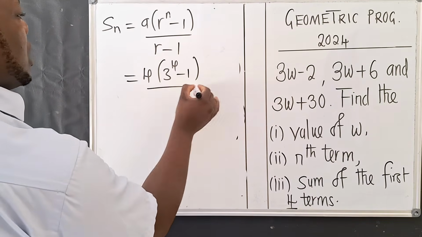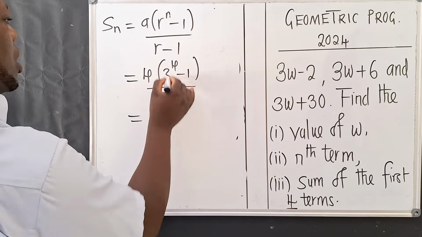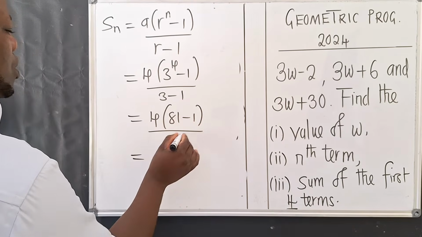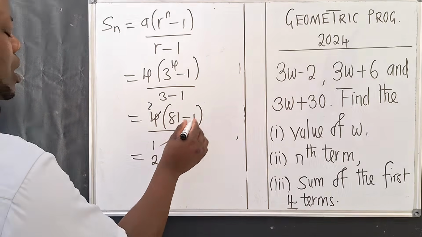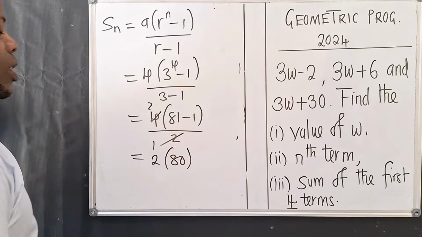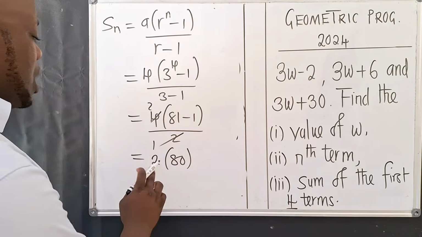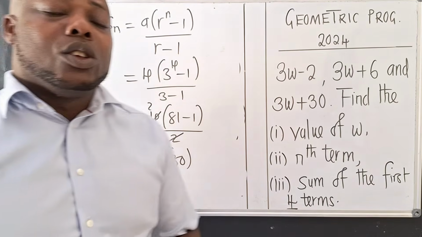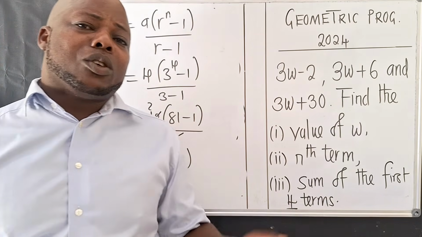Minus 1. r here is 3 minus 1, so that's 4 times 81 minus 1 over 2. You can simplify this: the 2 goes into 4. 81 minus 1 will give us 80. You multiply these two, and we're getting 160. So the sum of the first 4 terms is 160.